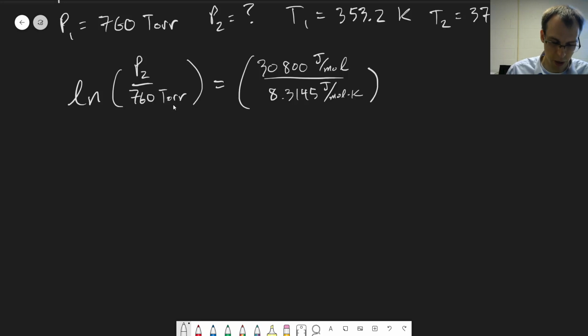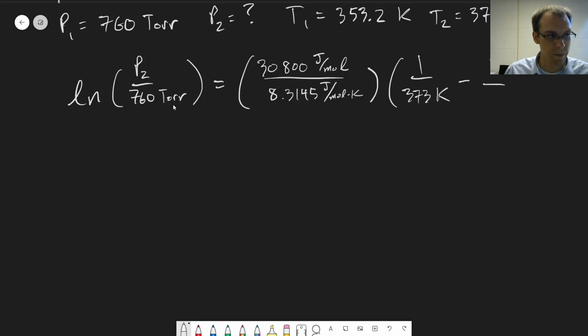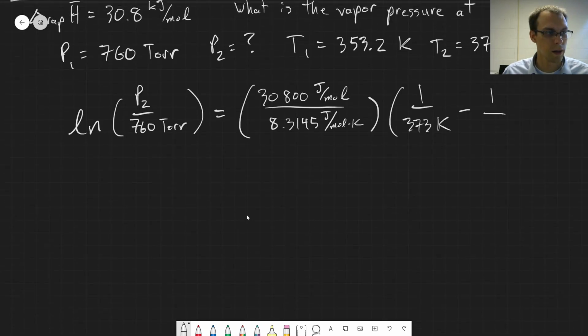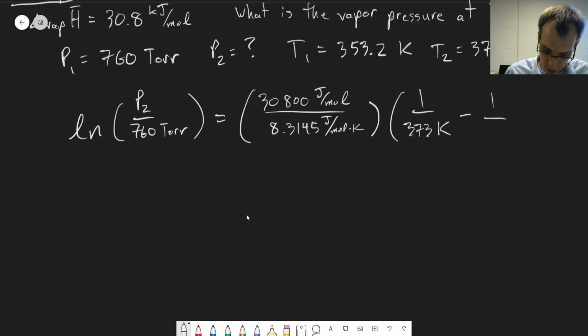That's to make sure our units cancel here. And then we're going to have 1 over 373 Kelvin minus 1 over 353.2 Kelvin. So we need to solve all that.